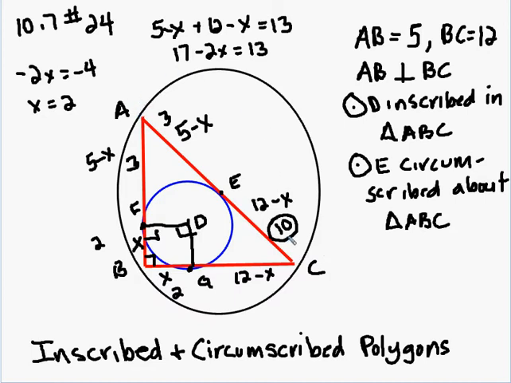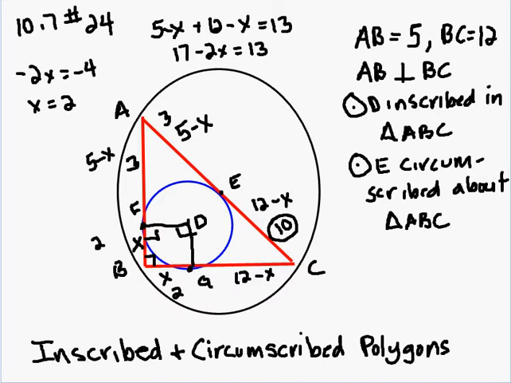And that arc AC is your 180 degree arc length. And AC, the segment, is also the diameter. So if AC is 13, I know the radius, AE, is going to be 6.5.